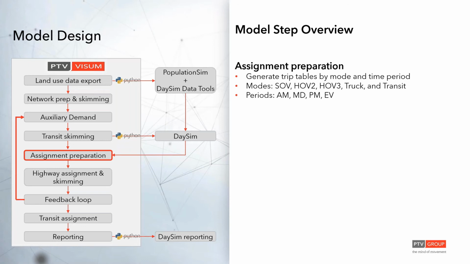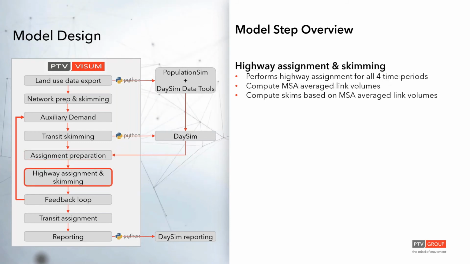And then there are 4 aggregate time periods: AM, midday, PM, and evening. And then once the assignment data is ready, the trip tables are assigned to the network, and the assignment is performed for all 4 aggregate time periods.